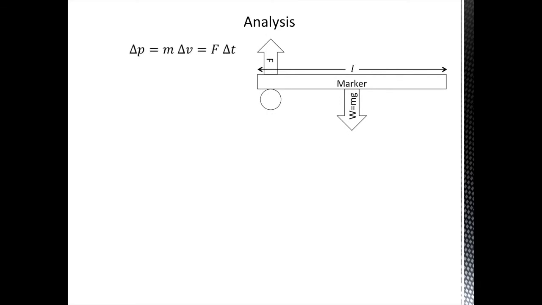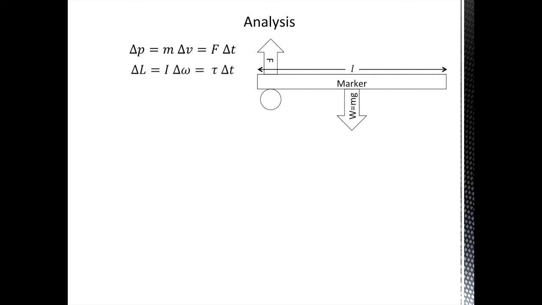We begin with the impulse momentum theorem, stated as the change in momentum, or mass times the change in velocity, is equal to the force exerted on an object times the time over which that force is exerted. In this case, the force was the force exerted by the magnet, and the time, which we don't know, we'll just leave as delta t for now.